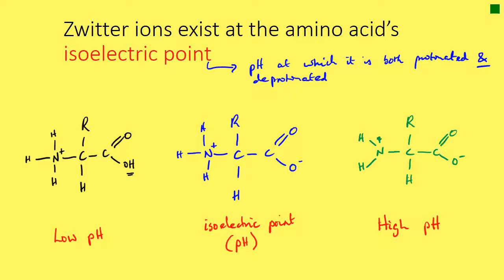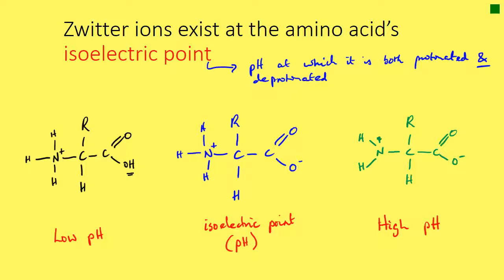But at a low pH, that is acidic conditions, then the carboxyl group is not going to be deprotonated, right? So you're going to have a hydroxide group, you're going to have a full carboxyl group there. But our amino group is going to be protonated, because there's lots of protons swimming around in a low pH situation. So that's what our ion is going to look like in the low pH scenario.